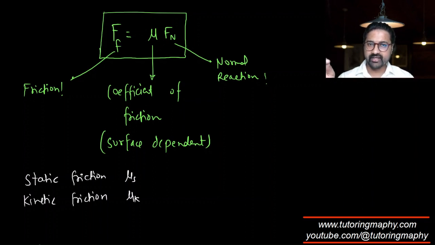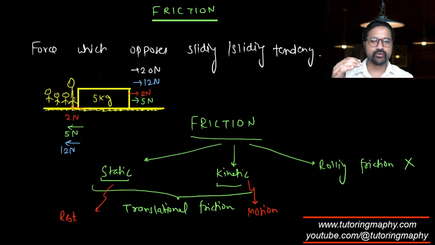If you remember the example of the kid's mom and dad, initially, till before the time when dad came in, the force of friction was adjusting itself. It was 2 Newton, 5 Newton, 12 Newton.